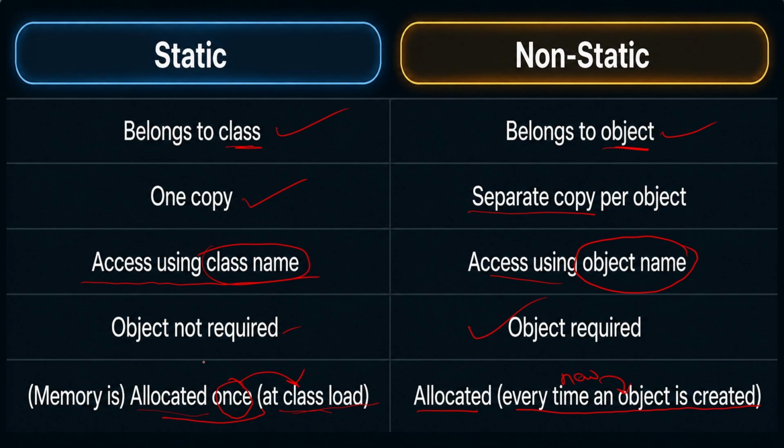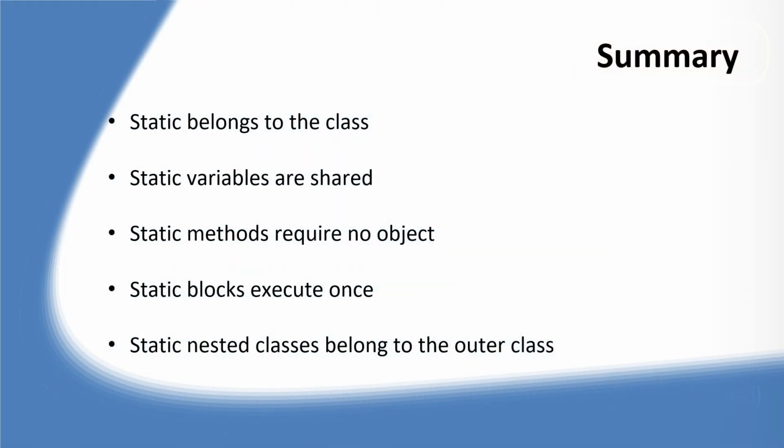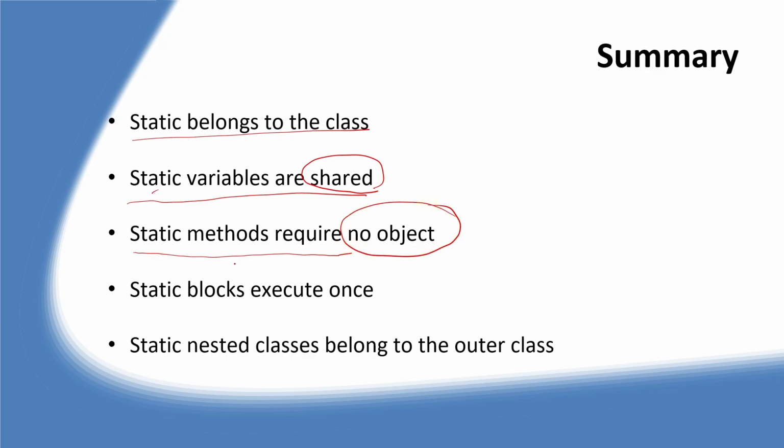Let's quickly summarize what we have learned so far. Static belongs to the class. Static variables are shared by all objects. Static methods are associated with the class, so they don't require any object.